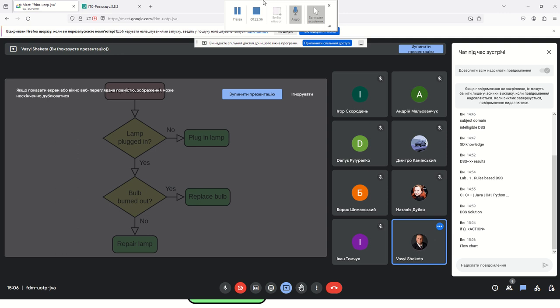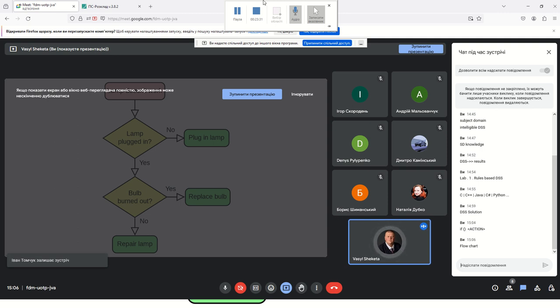I mean business logic. This kind of business logic is defined in the scope of the theory. It's named flowcharts. Flowcharts basically recognize that logic implementation.